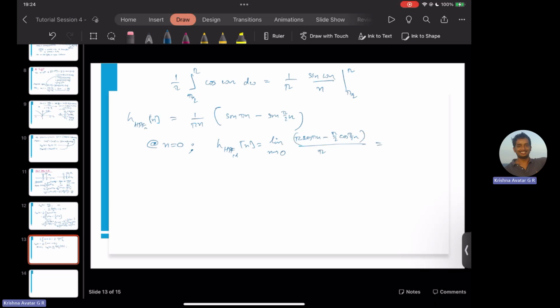Now we can substitute n equal to 0, so it will be pi into cosine of 0, which is 1, minus pi by 2 into cosine of 0, which again is 1. So what we are left with is pi by 2 by pi, which is equal to half.